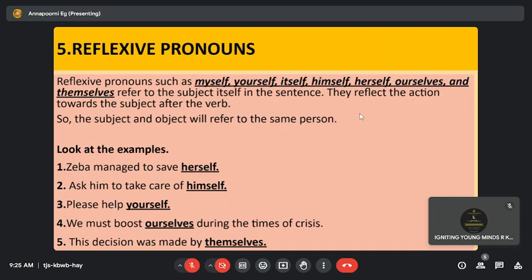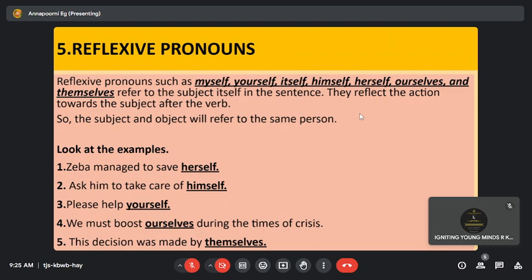Otherwise, they will just be sitting and looking at it, not knowing what to do. I have seen in my neighborhood, she will tear it into 10 to 15 pieces and give it, and the cat will easily eat the food. So that's where I gave that example. The cat ate the food itself. Himself, herself, similarly, ourselves, and themselves.